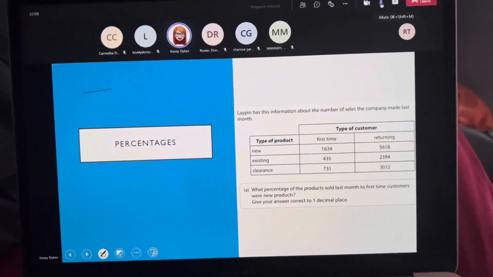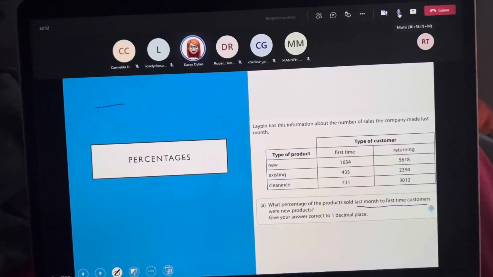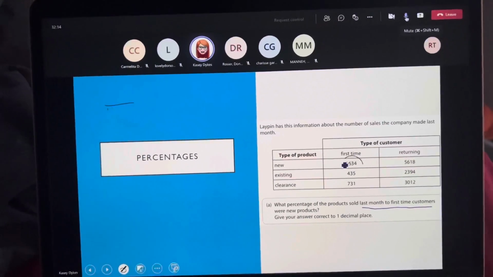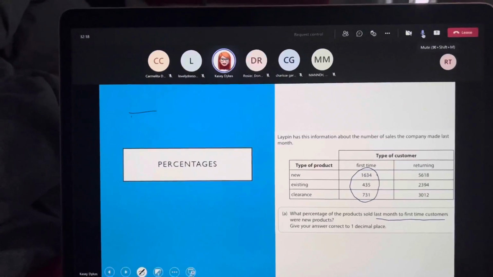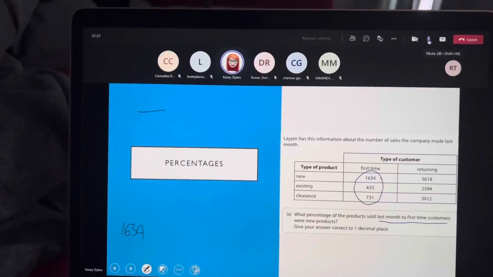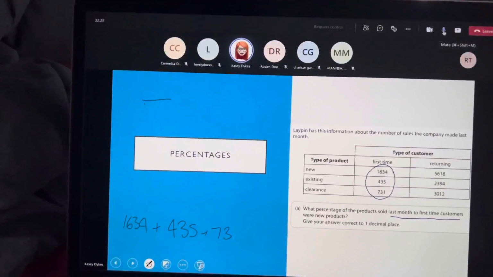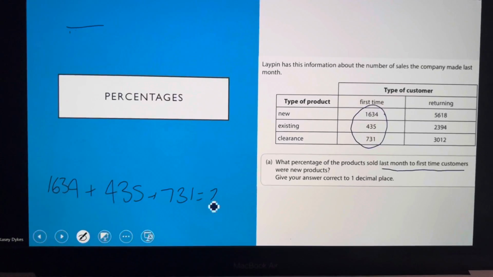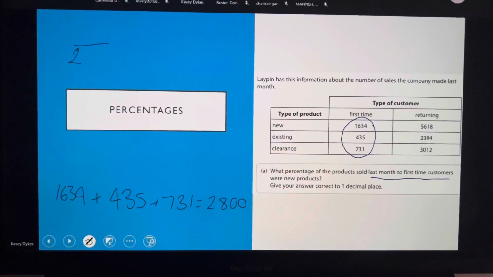So we're looking at the number of products sold last month to first-time customers. So we want to add up this column here. 1634 plus 435 plus 731. That should come to 2,800. That's our bottom number.